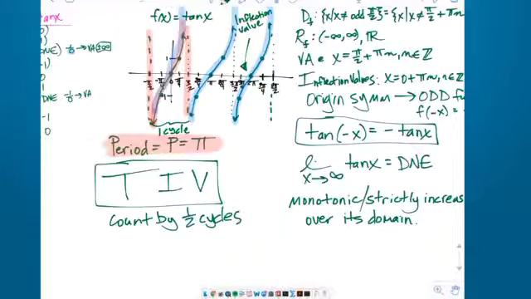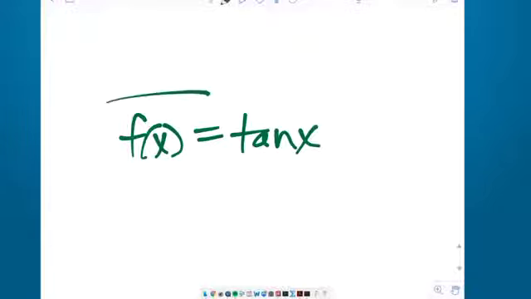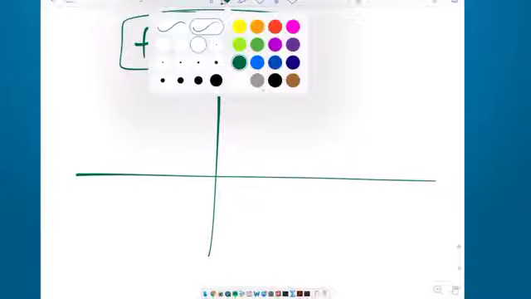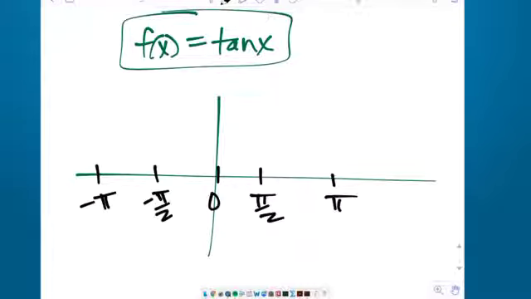So in the future, if I ask you to quickly sketch your parent function f of x equals tangent of x, here's what you're quickly going to do. Y-axis, x-axis, you're going to say, okay, pi halves, pi, 0, negative pi halves, negative pi, and you're going to put an inflection value at 0, vertical asymptote at pi halves. And once you have one of the 2 critical values, if you know that tangent passes through the origin, that helps as well.